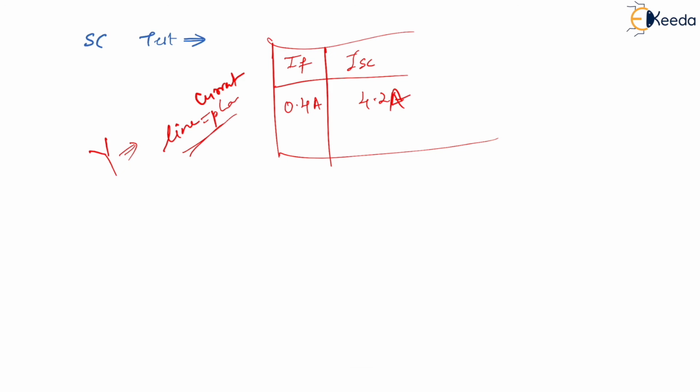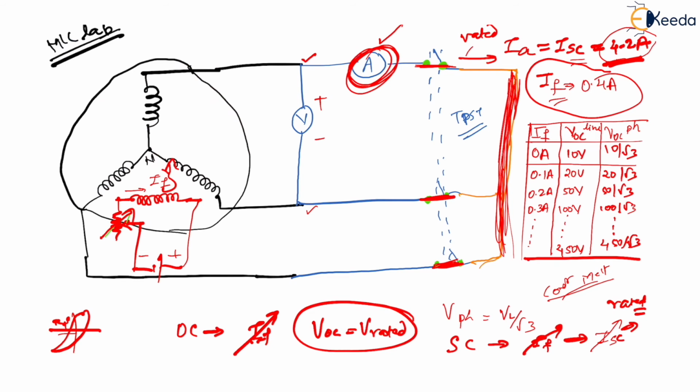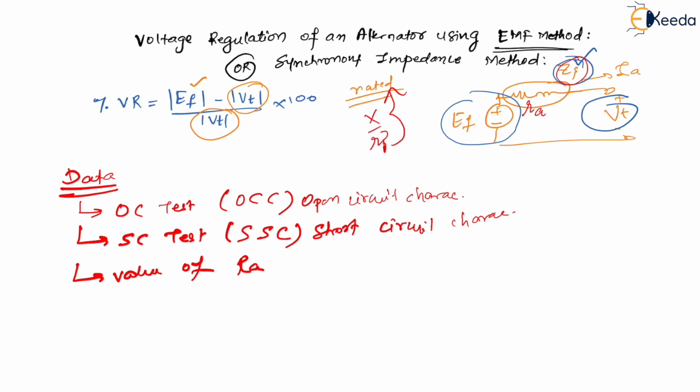Now the third required data is what? The third required data is you need RA. OC characteristics already known, SC characteristics already known. Now the next important thing is how to find RA.